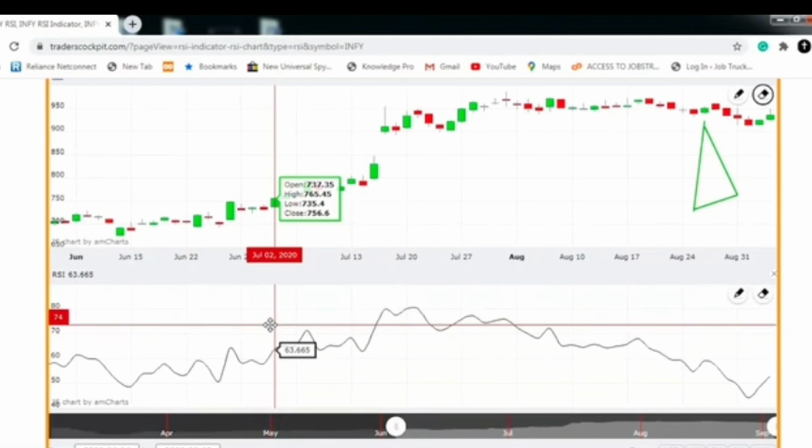Some people think that if it is becoming overbought, there will be a fall in the market. People think like that. What is the reason behind it? Some people have such misconceptions about it. When you get the basic idea about RSI, the relative strength index, you will also feel like that yourself.